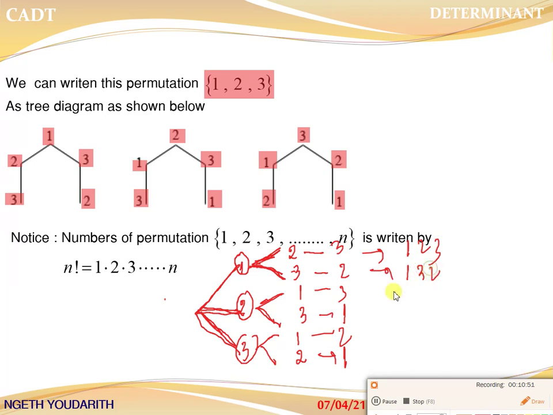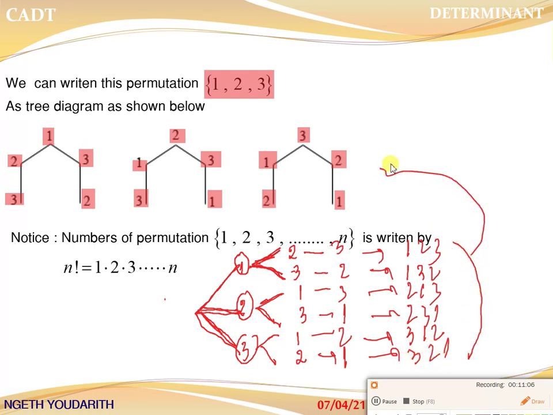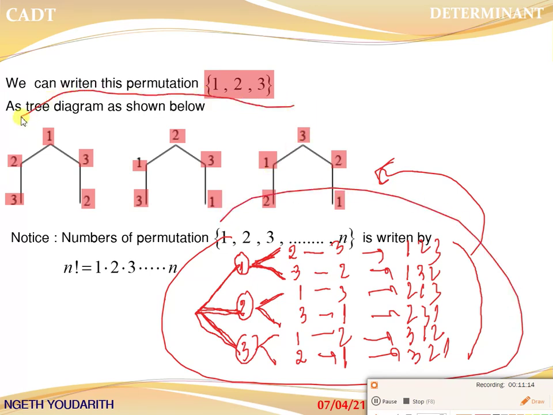1, 3, 2; 2, 1, 3; 2, 3, 1; this one is 3, 1, 2; and the last one is 3, 2, 1. So we get the same result as our tree diagram. This one we can also call a tree diagram, and this one is also a tree diagram.